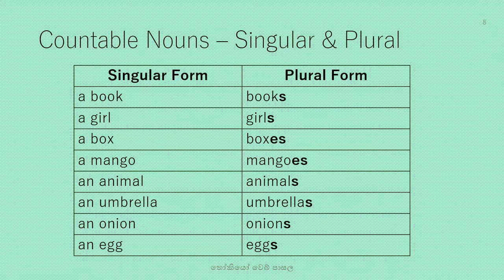From these examples, you identified that when we make a singular countable noun plural, we may either add simply S or else ES.